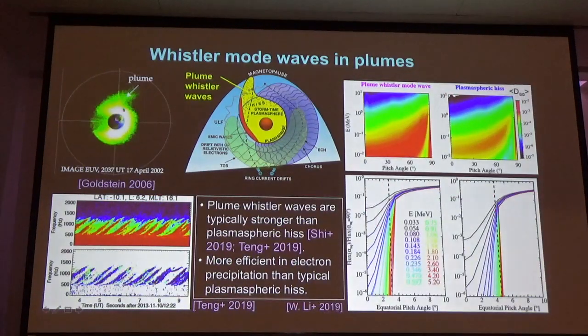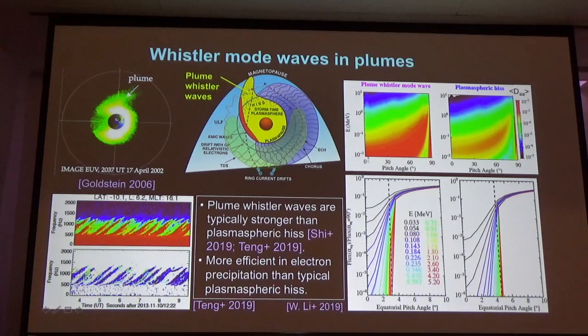And whistler-mode waves are also often observed in the plasmaspheric plumes. And interestingly, in this region, the whistler-mode waves exhibit this type of rising tones which are similar to chorus, but also with a much longer duration. And recent statistical studies about the plume whistler-mode waves show that their intensity is typically stronger than the typical plasmaspheric hiss.